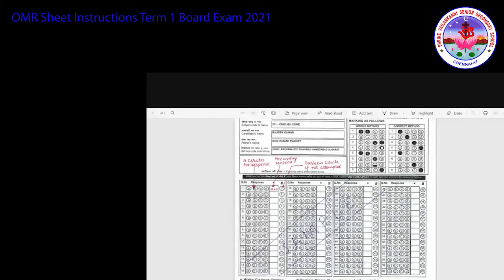If suppose the child has written all 25, then we have to cut the first 5 or last 5. So that is why they have to darken the circle in the hashtag if the question was not attempted. Yes, ma'am. Okay.